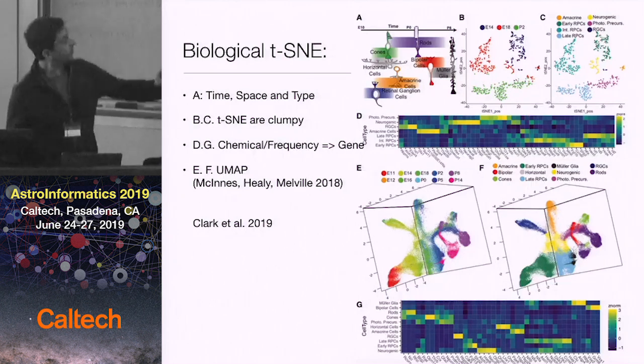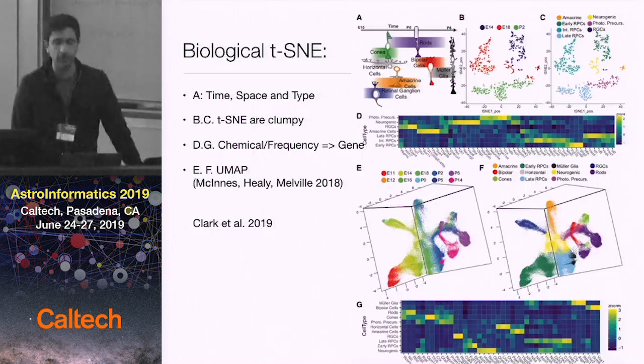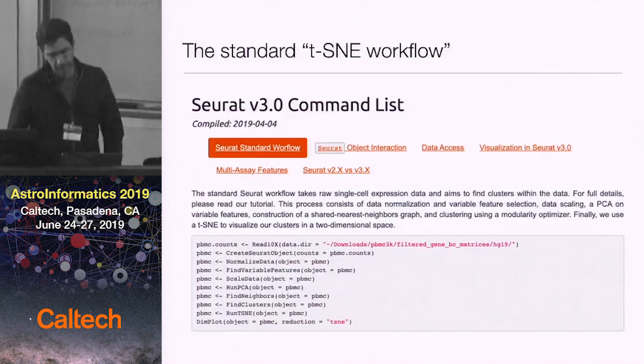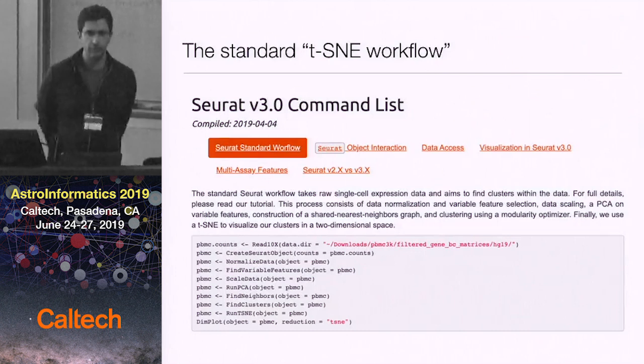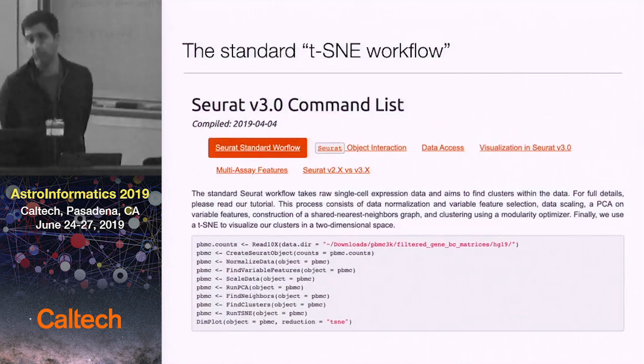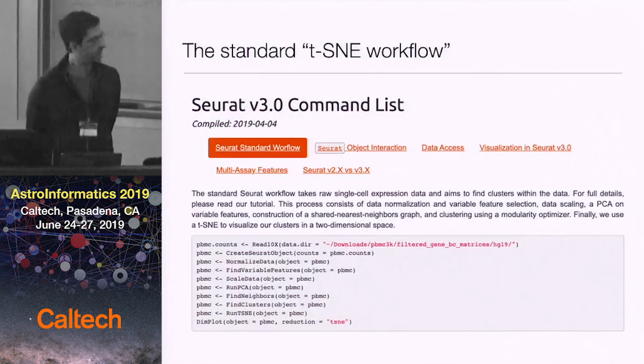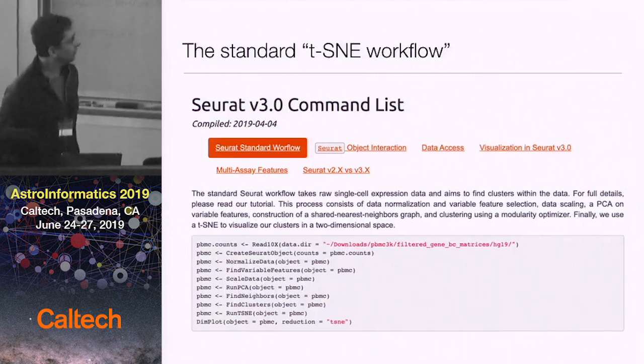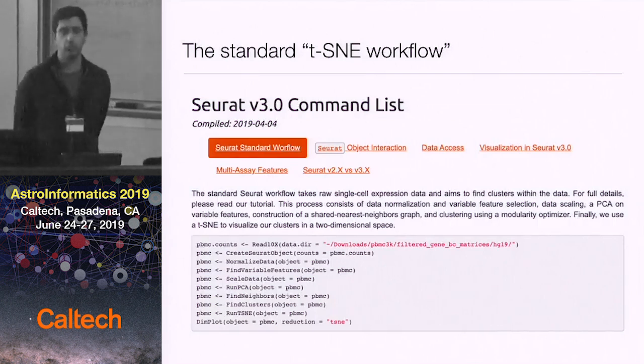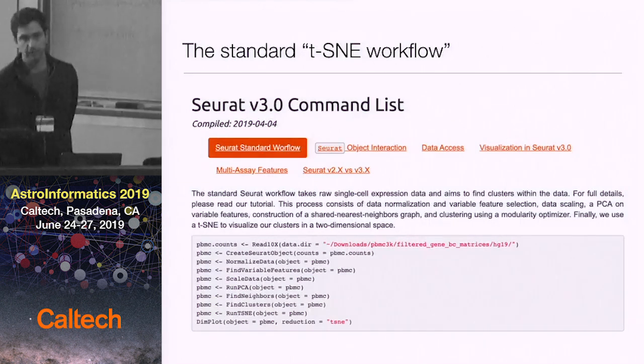So, as I said before, plots D and also G below are the kind of mapping where you're replacing chemical or spectrum frequency by gene. Now, one of the things that biologists have played around with a lot, much more than I can see in the astronomy literature in the papers I've seen that use this technique, is really examining the best workflow for actually producing good analyses.